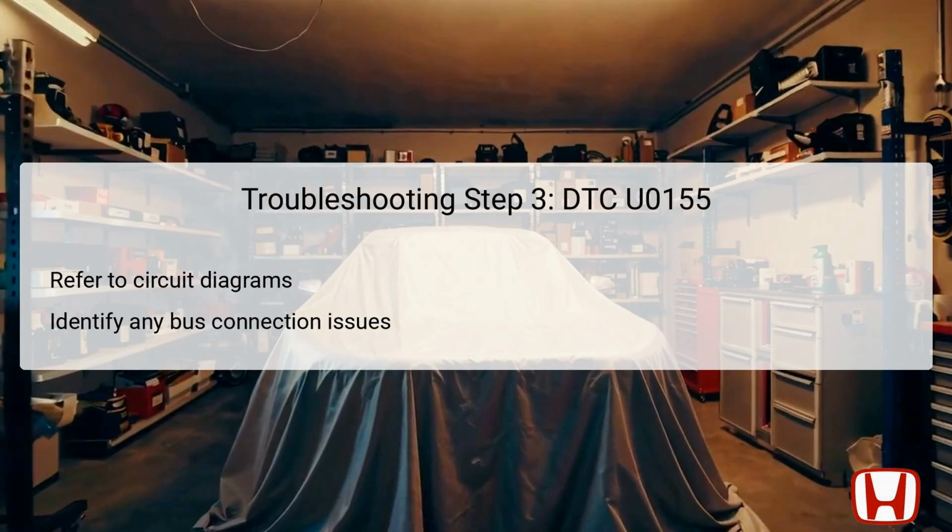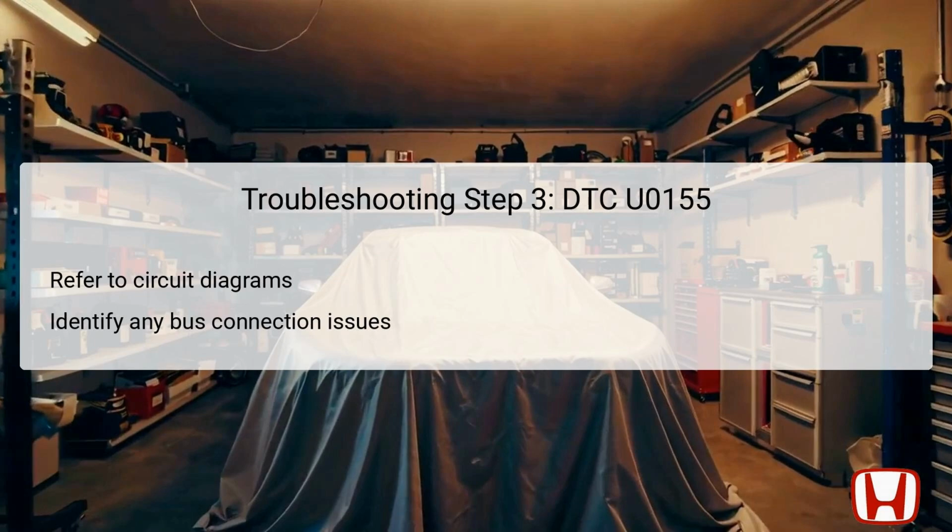In this step, consulting the circuit diagram specific to the Honda Accord is paramount. These diagrams provide valuable insights into the connectivity and layout of the PF-CAN-A and PD-CAN-B communication lines. By thoroughly reviewing these diagrams, one can identify any potential issues that may disrupt communication between the PCM and GCM.